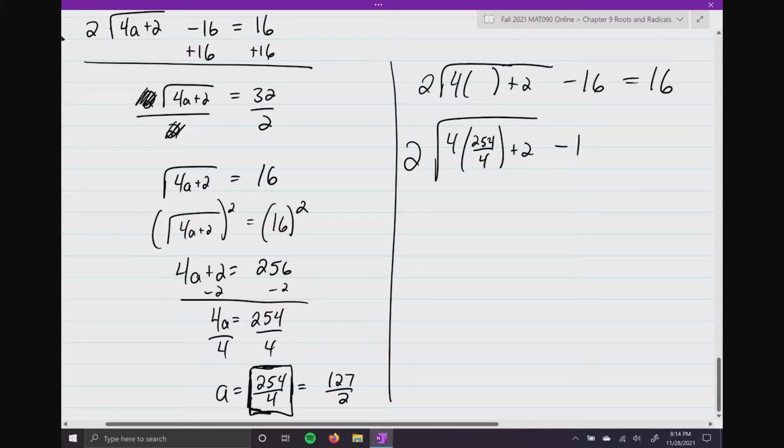And the reason why I'm doing that is hopefully you can see I have a 4 in the numerator. Let me highlight it here for you. 4 in a numerator, 4 in a denominator. They're going to reduce. And that's really what I want.